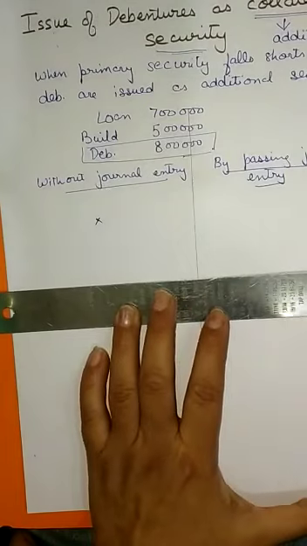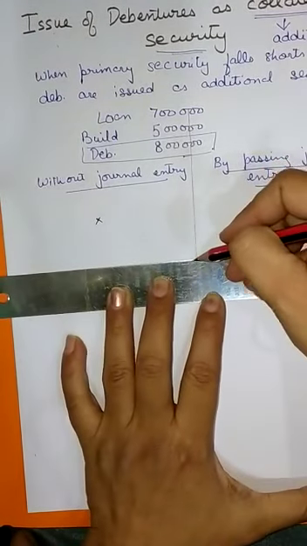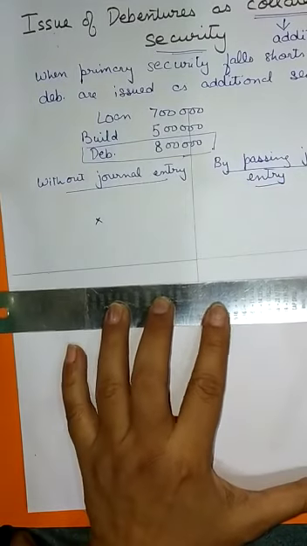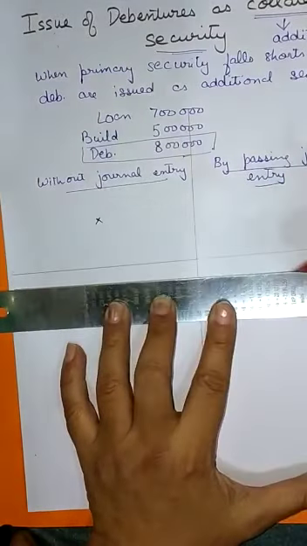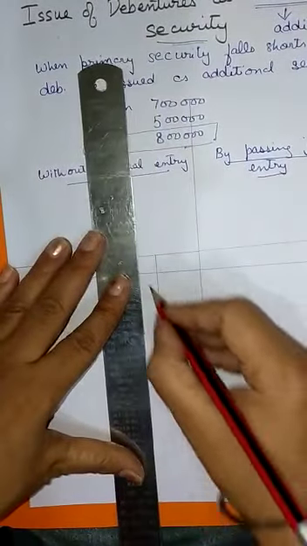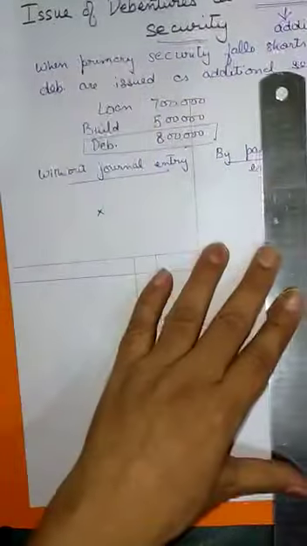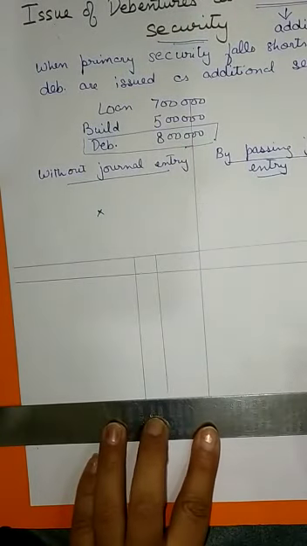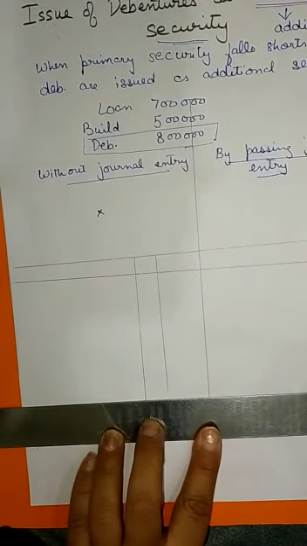Let us see. We will prepare the balance sheet. I am preparing two of them simultaneously because later we have to make it for the other method also. For current year only I am making, and I am preparing notes to accounts as well.